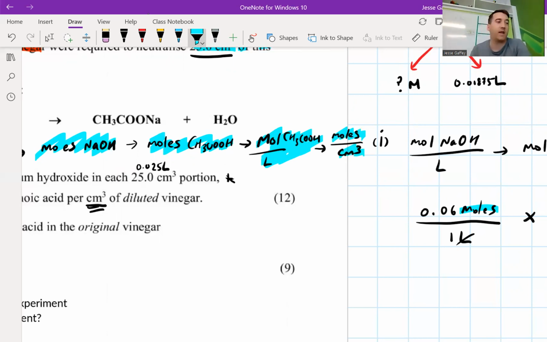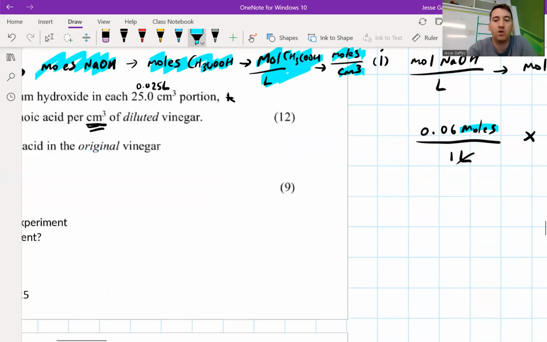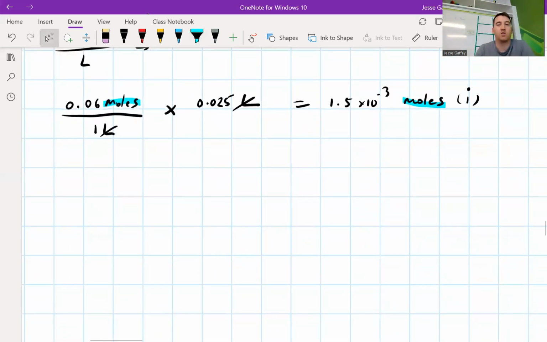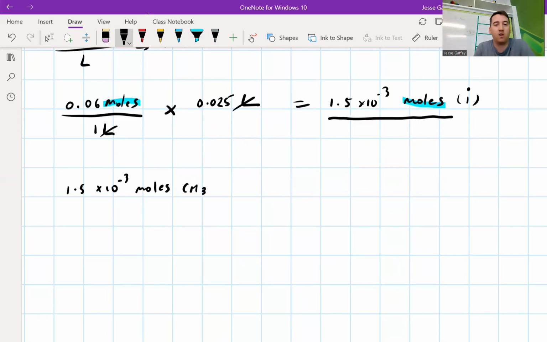So I'm going to get you to pause the video and see, can you work your way through those problems? I'm going to show you how to do it, but like I said, this will be much more beneficial if you try this yourself. Well, we know the ratio is 1-to-1, so if we had this many moles of NaOH, that's going to react with the same amount of moles of CH3COOH. So I'm going to write that down, 1.5 times 10 to the minus 3 moles of CH3COOH. That's pretty straightforward.